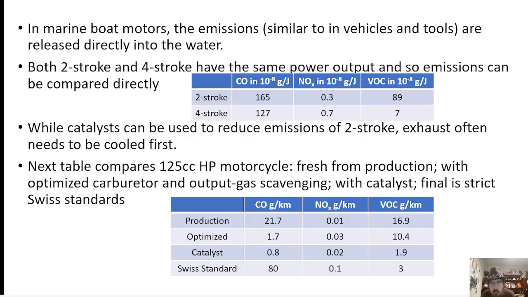So we optimize the engine, which drops the carbon monoxide, drops the VOCs, but not quite enough, but increases the NOx. Well, if we take that optimized engine and then add a catalyst, we see a greater drop in CO, a small drop in NOx, but that big drop in our VOCs. So it's suddenly, with a catalytic converter, that's what keeps it under those Swiss standards.